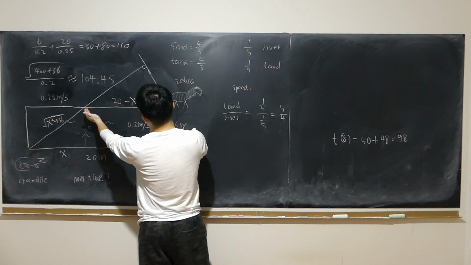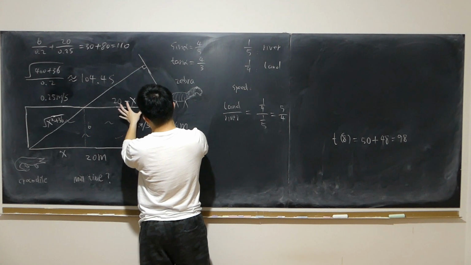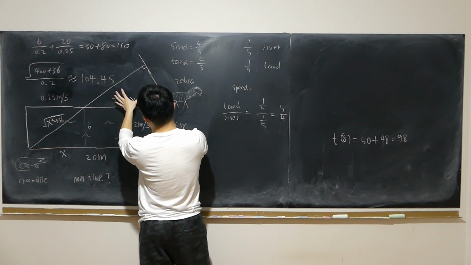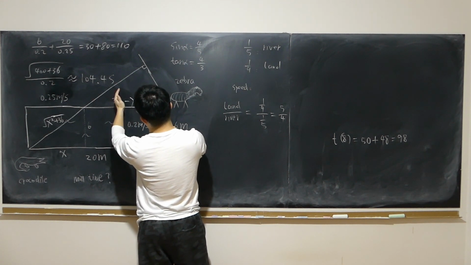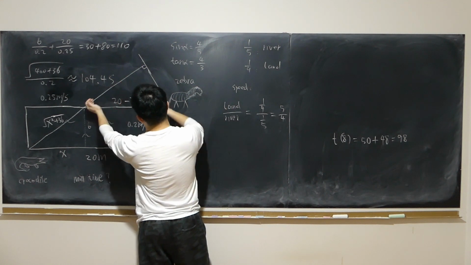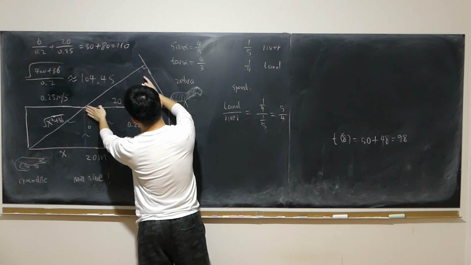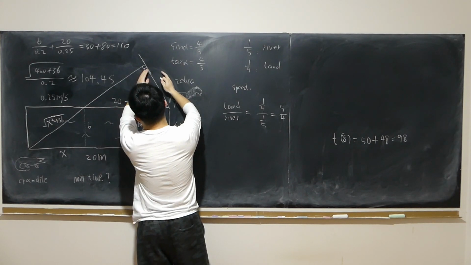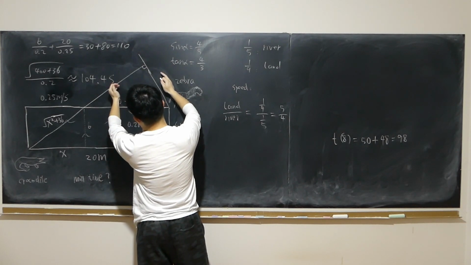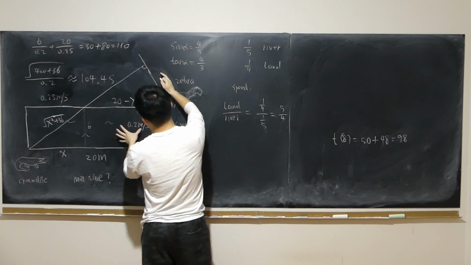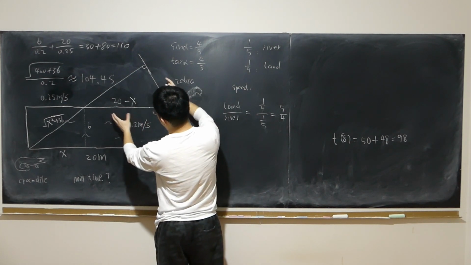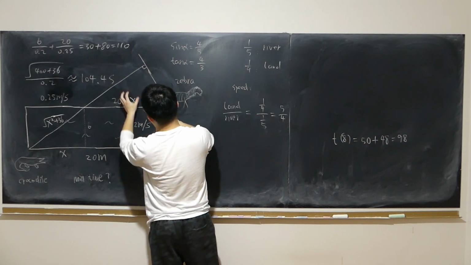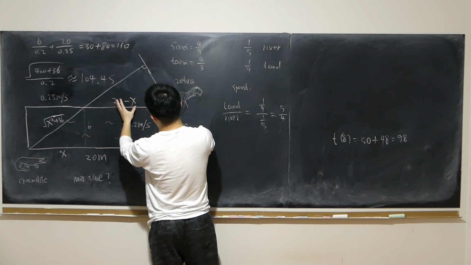So in that way, if I set the speed from this point to this point exactly the same as in the river, 0.2, that means this speed over this speed is 4 over 5.